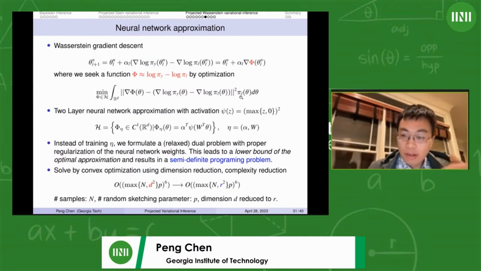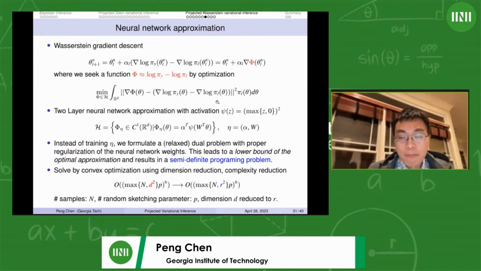Alternatively, for this two-layer neural network, we can formulate a relaxed dual problem for this optimization problem with proper regularization of the neural network weights. Essentially here we have the weights W. If you put a proper regularization term, which is quite specific, to the cube of the weights, this leads to a lower bound of the optimal approximation.